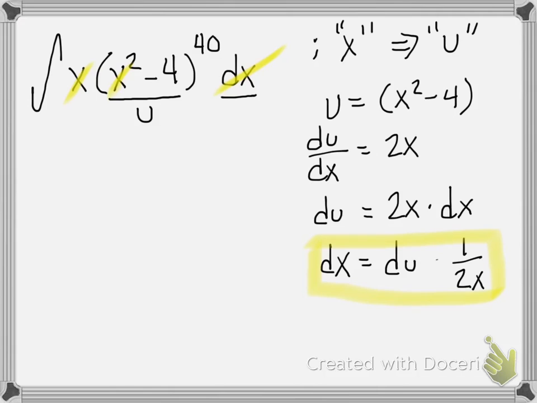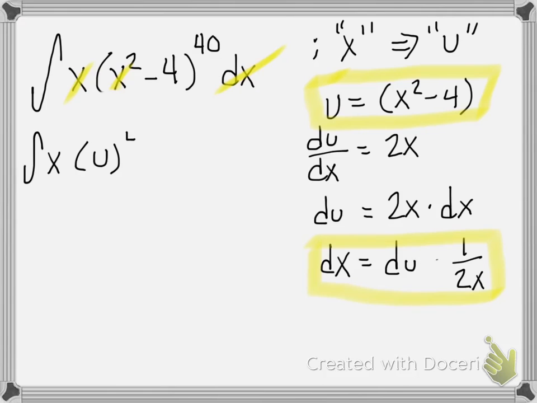These are two pretty handy pieces of information that you're going to need to do this. Okay, so now that we have those, we can go up here to our integral and substitute in what we know. So it'd be u to the 40, and our dx was du times 1 over 2x.